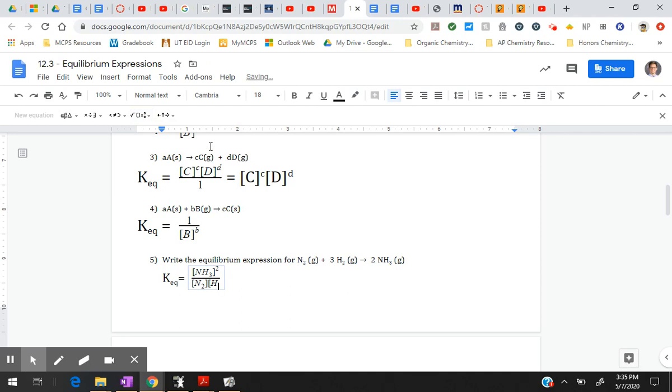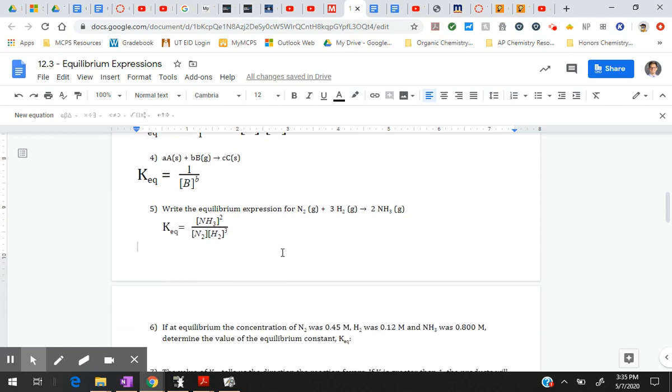So here's H. Remember, right arrow over to get the small one. Play around with it and you'll get some practice. And this is to the 3rd power because the coefficient is 3. This is the equilibrium expression for this particular reaction: NH3 squared divided by N2 times H2 cubed.